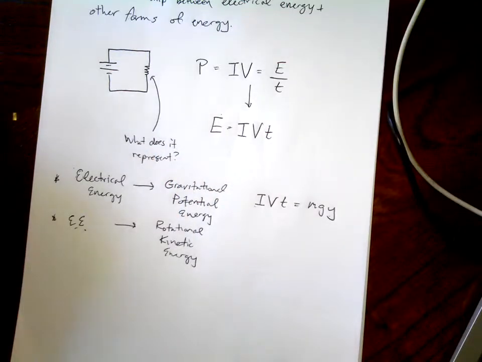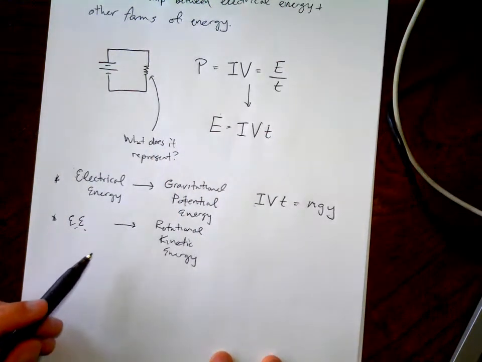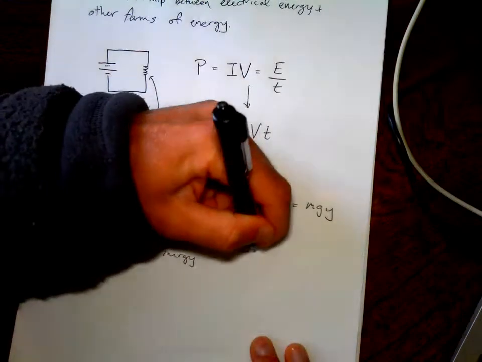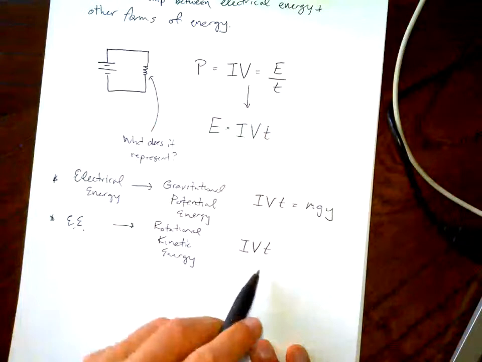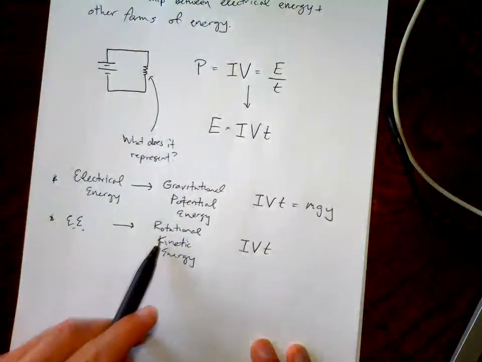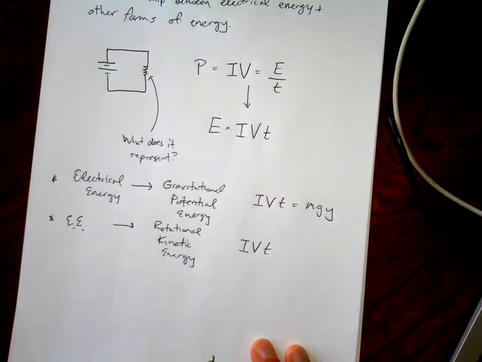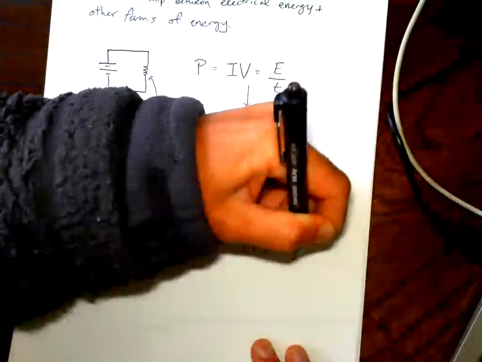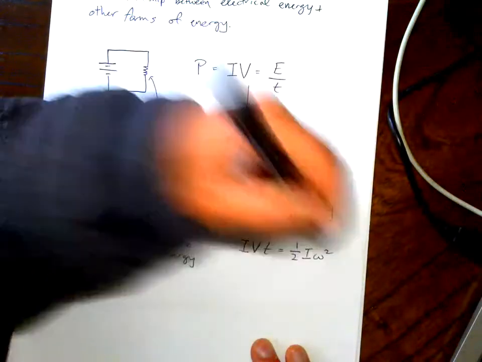The energy conservation equation would be IVT, the electrical energy deposited in the motor, becomes rotational kinetic energy, which is 1/2 I omega squared.